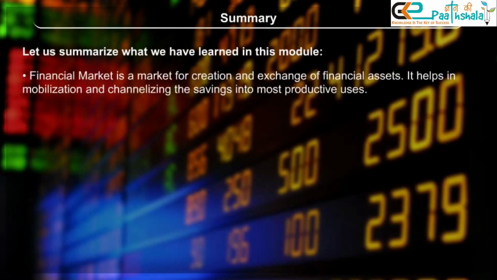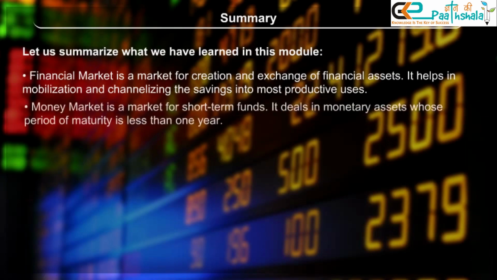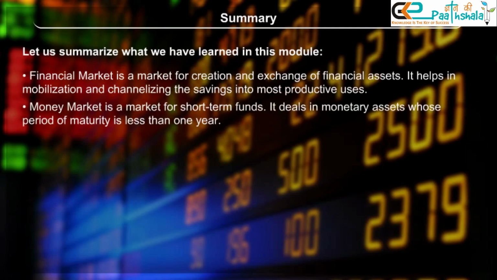Summary. Let us summarize what we have learned in this module. Financial market is a market for creation and exchange of financial assets. It helps in mobilization and channelizing the savings into most productive uses. Money market is a market for short-term funds. It deals in monetary assets whose period of maturity is less than 1 year.